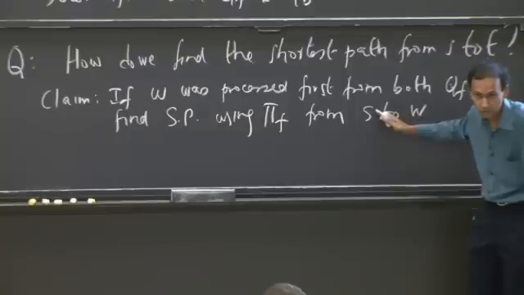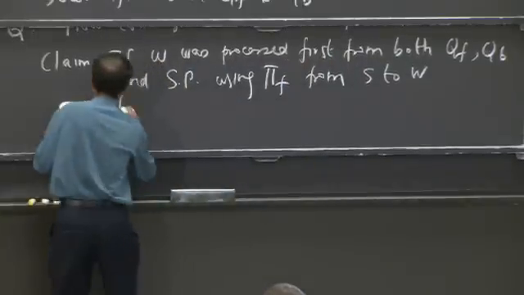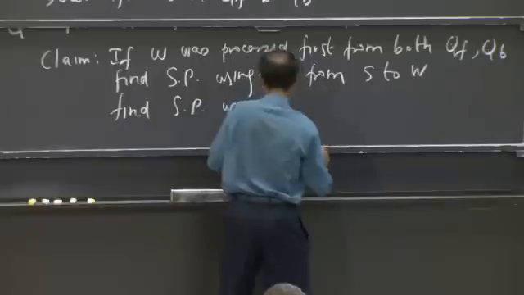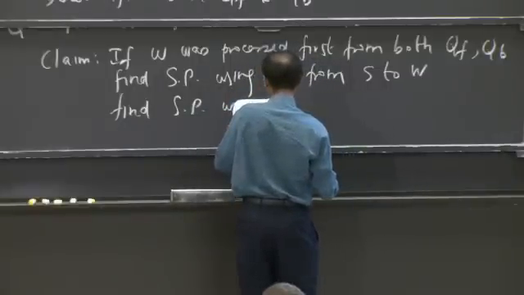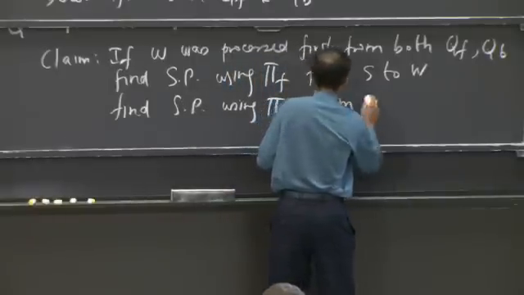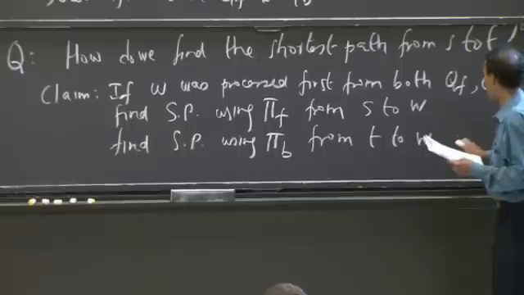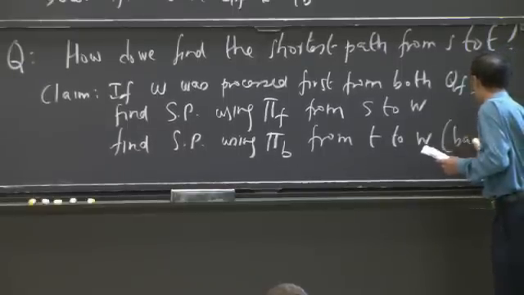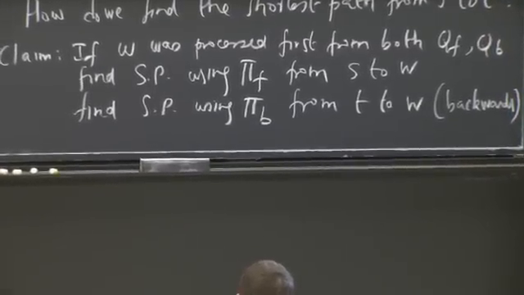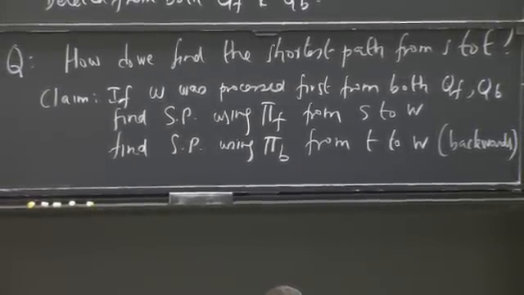Everybody knows this. You've coded it, so I hope you know it. And then we find the shortest path using pi B, and you're going to constantly apply pi B, and this is the backwards path from T to W. Okay. And this follows the edges backwards. All right? And this sounds pretty good. Everybody agree with this? Anybody disagree?